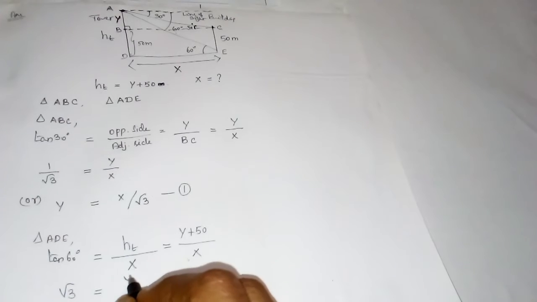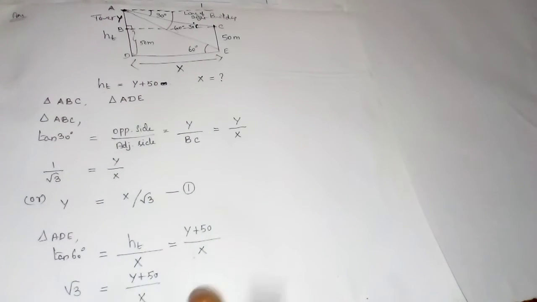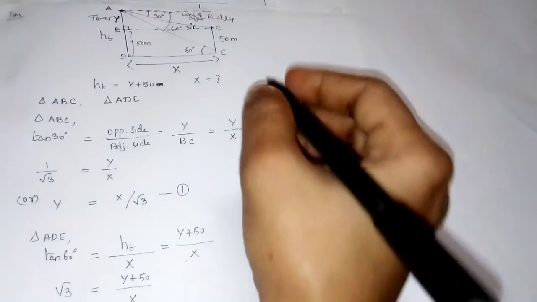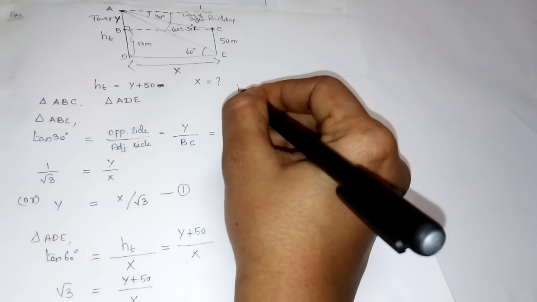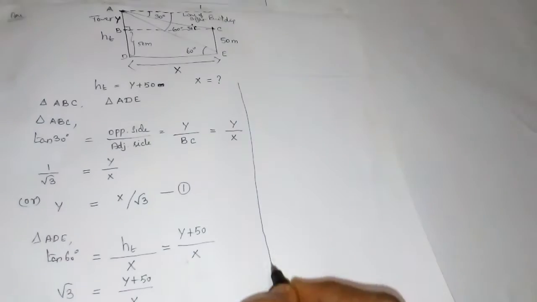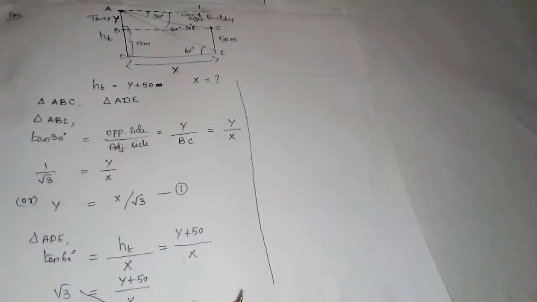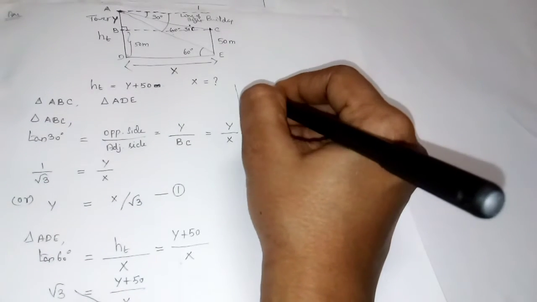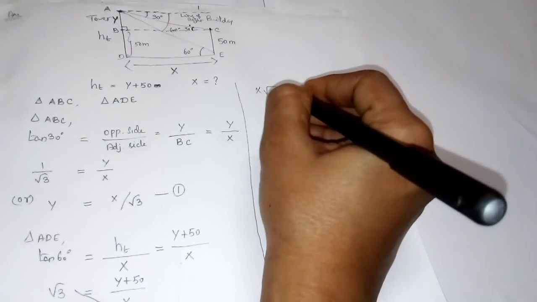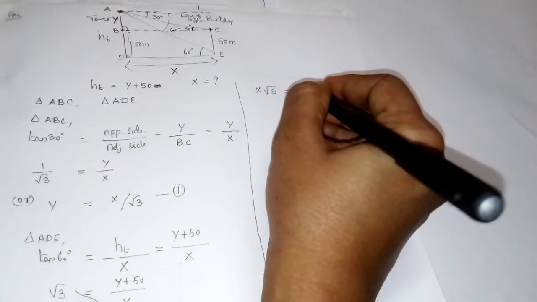So root 3 equals y plus 50 by x. If you cross multiply, you will get x into root 3 equal to y plus 50.